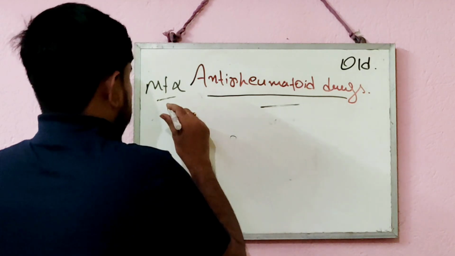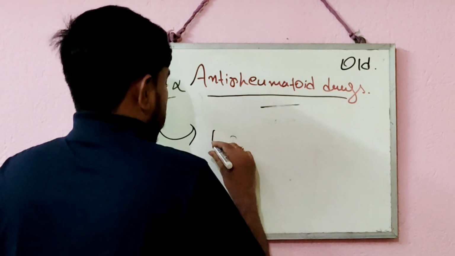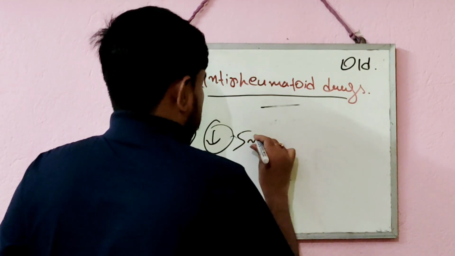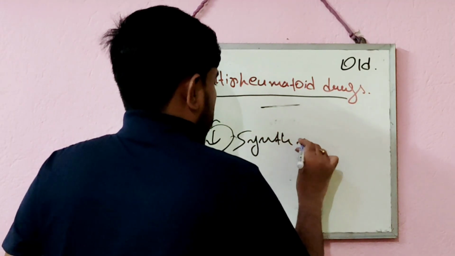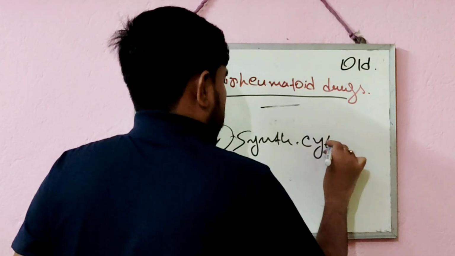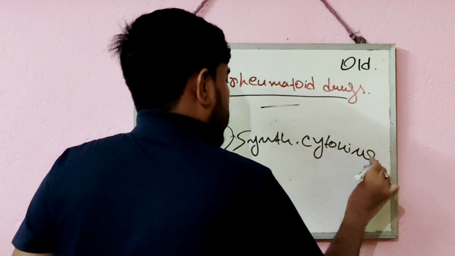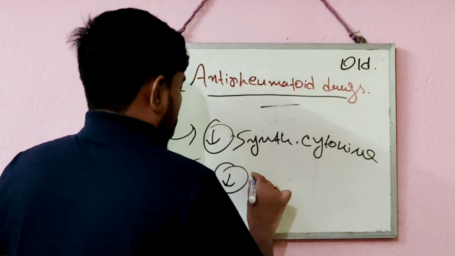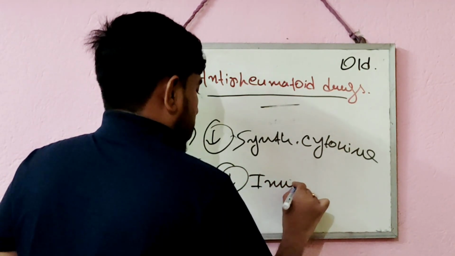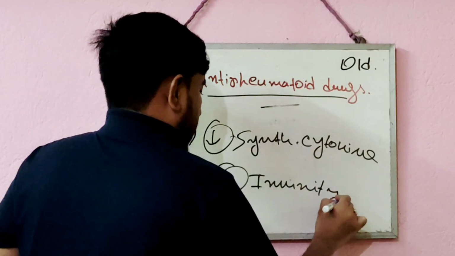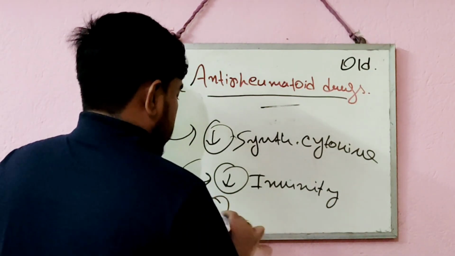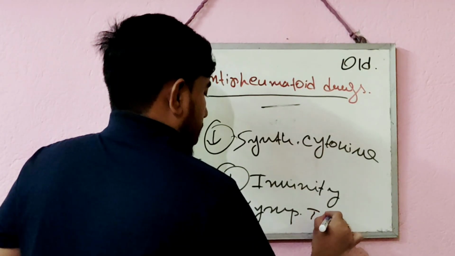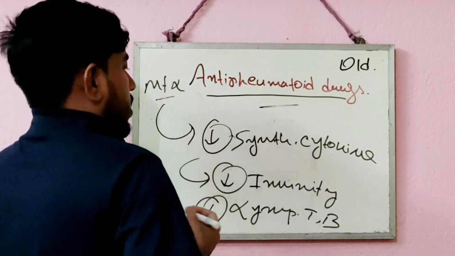And sometimes methotrexate also reduces the synthesis of cytokines, and this reduced synthesis of cytokines leads to suppression of immunity by inhibiting the production of T lymphocytes and B lymphocytes.